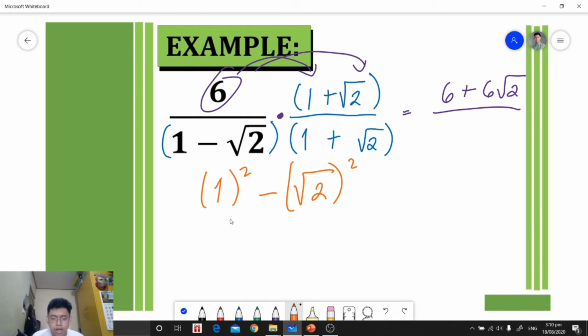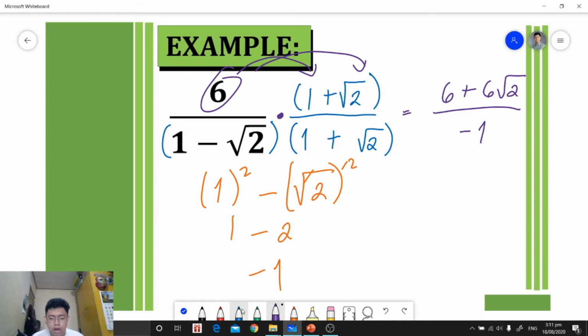Then simplify. So the square of the first term is 1, minus the square of the second term, which is 2. So 1 minus 2 is negative 1. So our denominator will be negative 1.